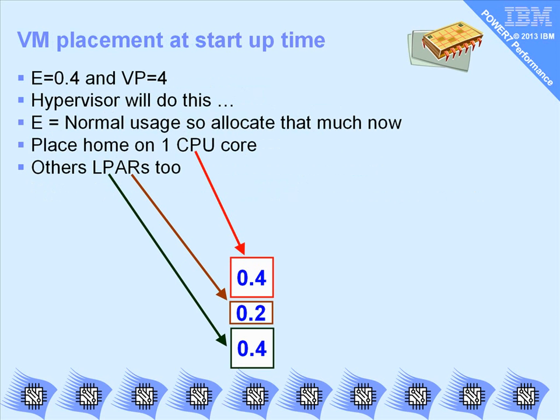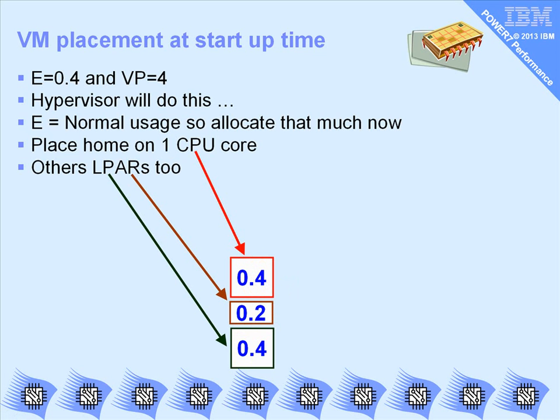So when we actually start up this virtual machine, entitlement 0.4, the hypervisor says, okay, this is normal usage. I'll allocate that much CPU power to a particular core when it starts up. And so it's selected this core down in here. It's running a couple of other LPARs in here, so it's fitting them all together as it's a fairly busy machine. And you're allocated 0.4.